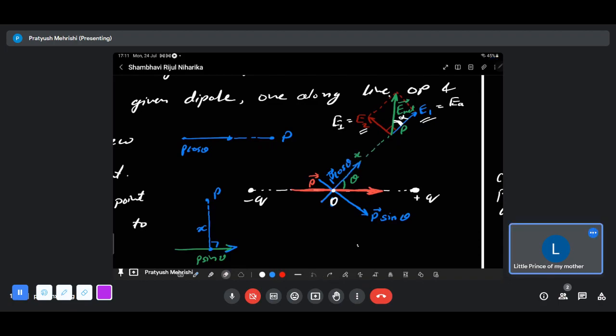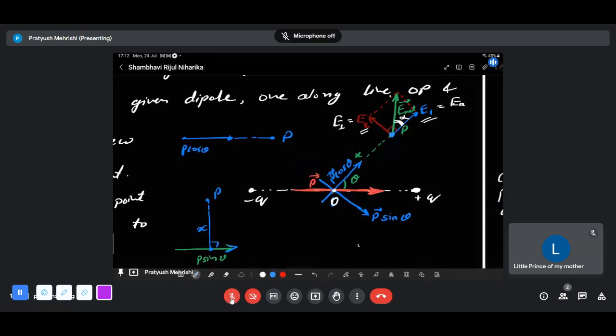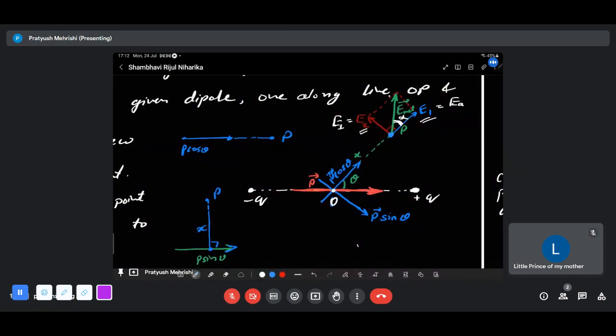From point O to point P, this line is joining the center of the dipole with the point P.